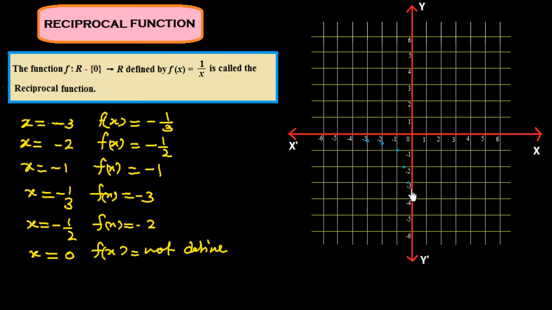So in this way we get the graph for this. We have plotted all these points here. Now we make the graph. I show you how we get the graph here.